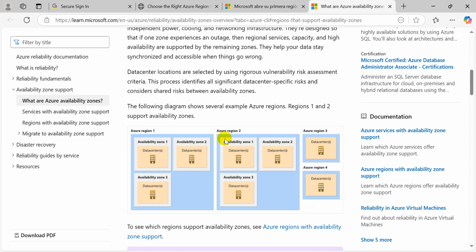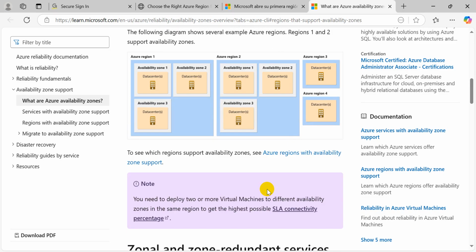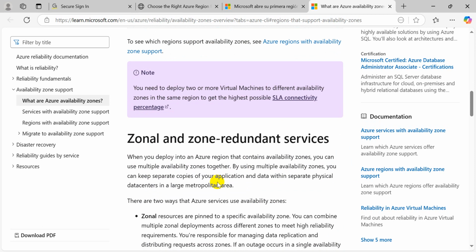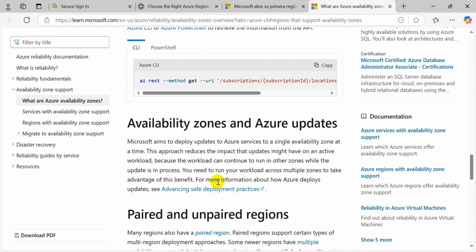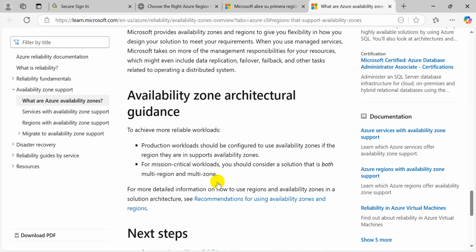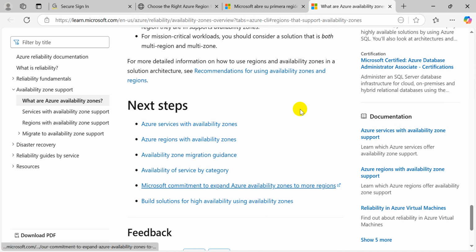In this Azure region there are 3 availability zones, and in another region there are also 3 availability zones. It will replicate the data. You can see a lot of details for the zoning concept.